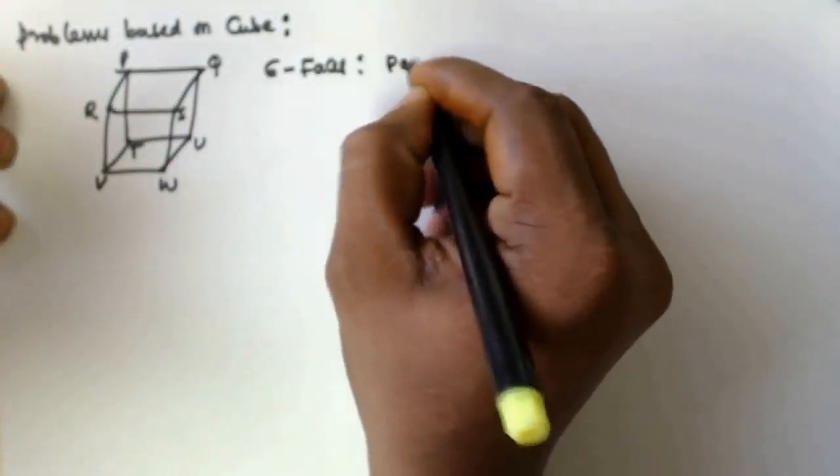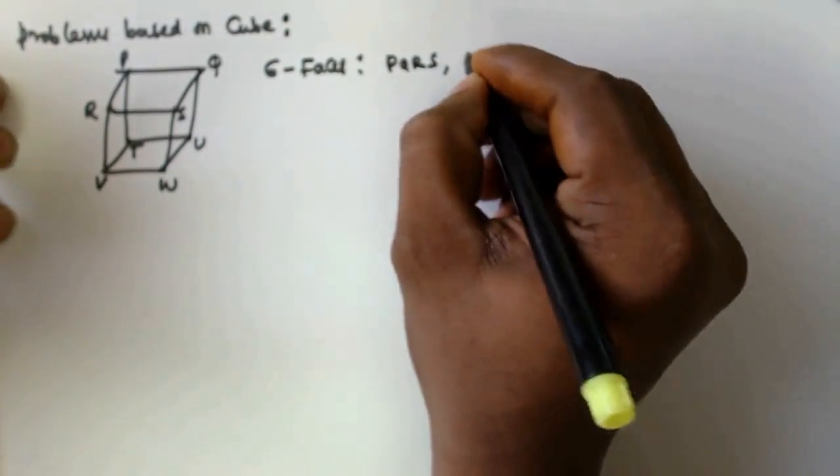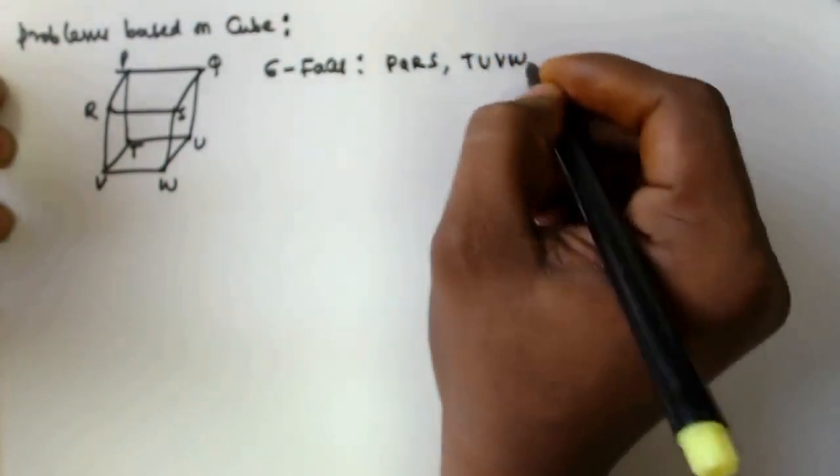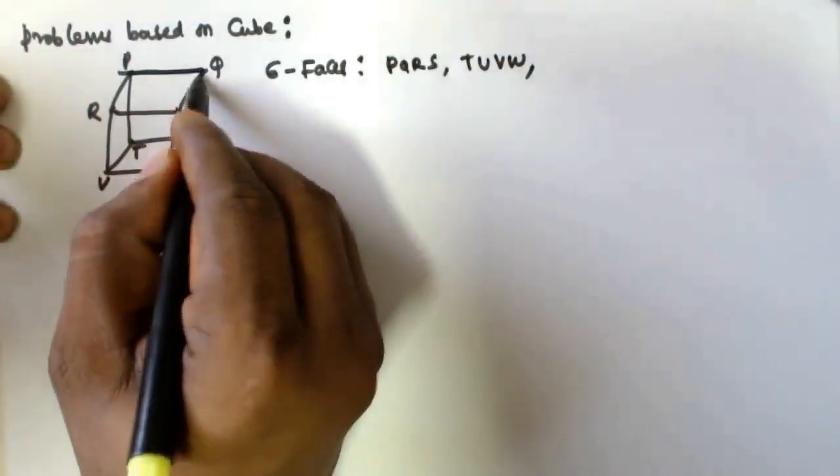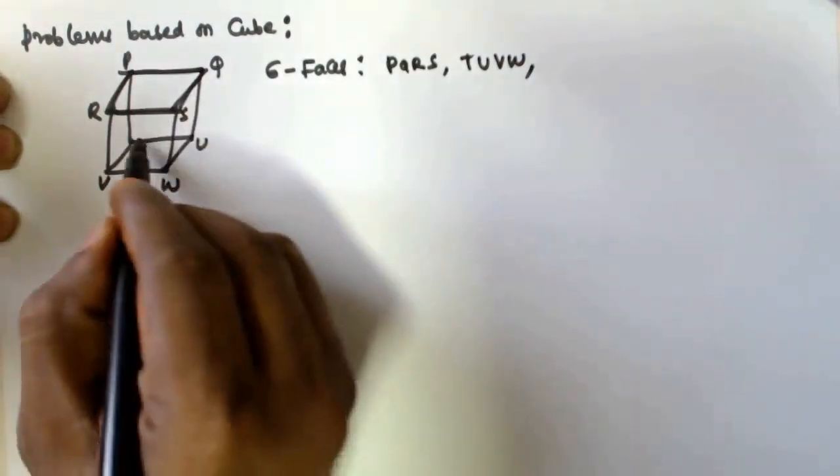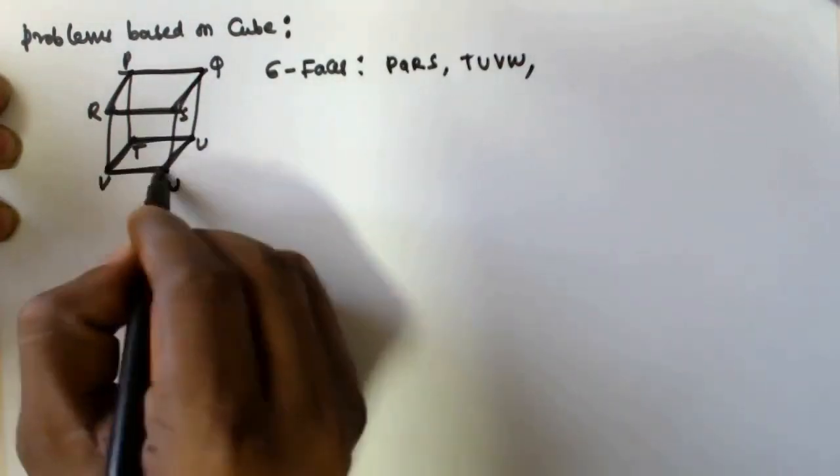Like PQRS is one and the next one is TUVW. PQRS is this part and TUVW is this one.